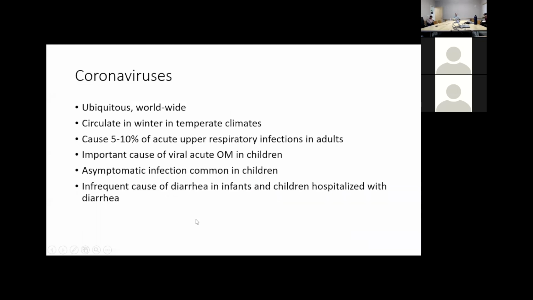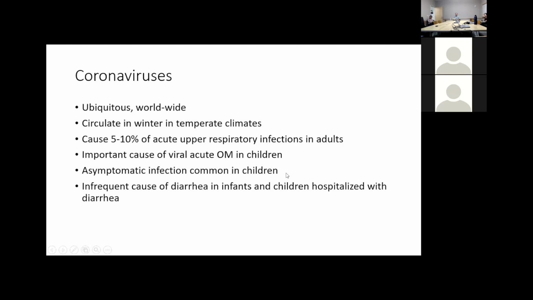So coronaviruses are worldwide, they're ubiquitous, and they typically circulate in the winter in temperate climates. They cause up to 10% of acute respiratory infections in adults. So this is one of the causes of the common cold. It's also an important source of viral otitis media, acute otitis media in children.